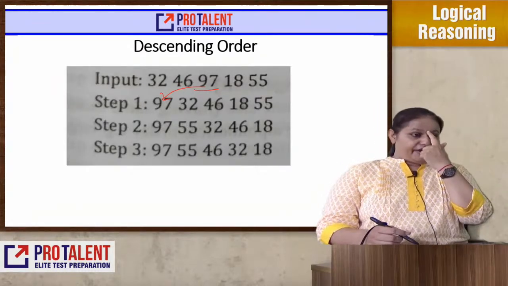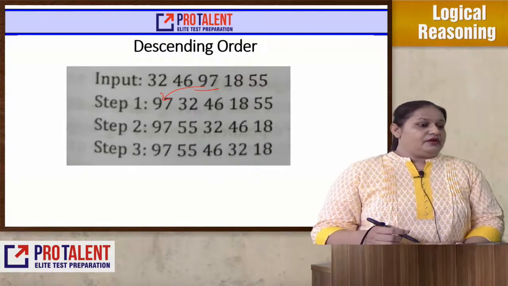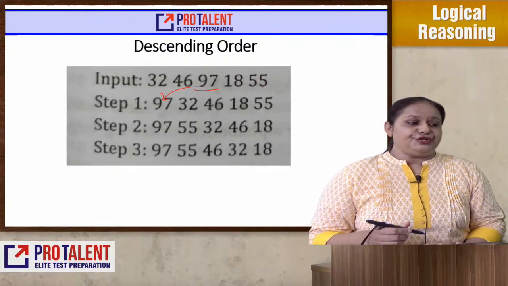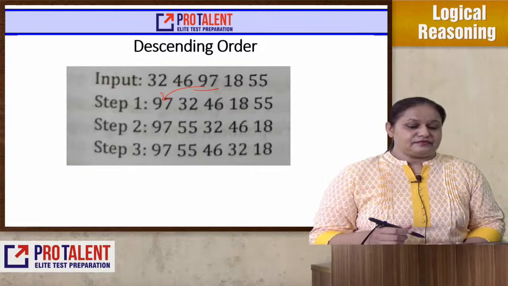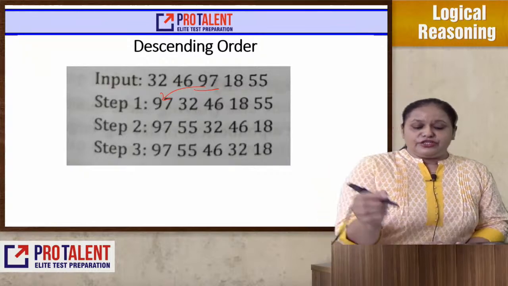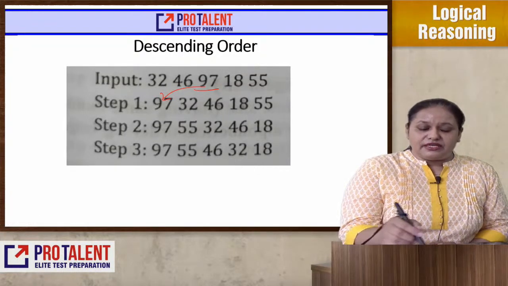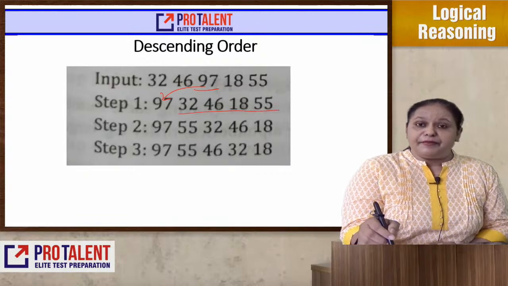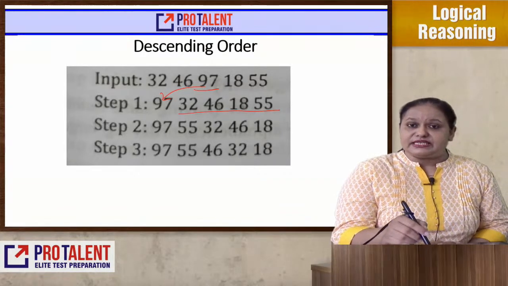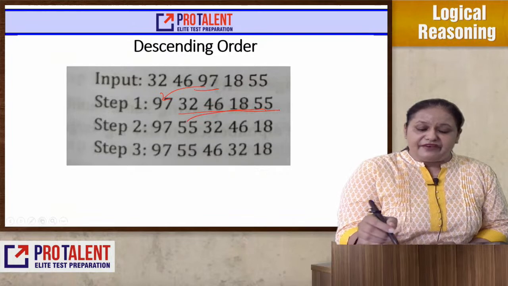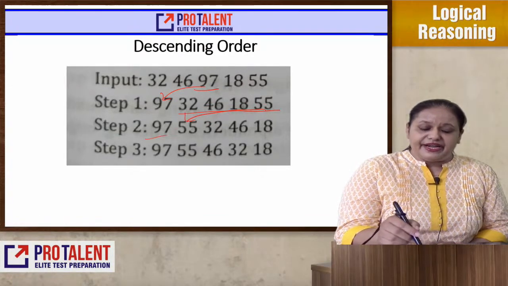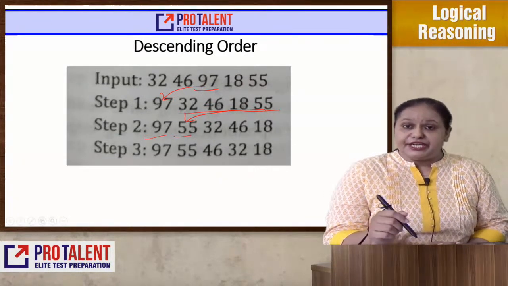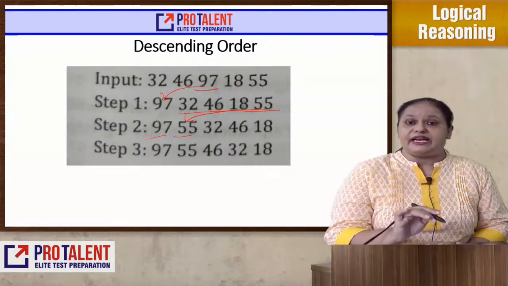Fine. All right. Okay. Reet Nagpal, which question do you want me to explain in this descending order? Right. So this is there. Then we got the next number as 55. Now we will be seeing it from here because it is descending order. The next largest number was 55, and after 97, 55 comes, then 32, 46 and 18, untouched.